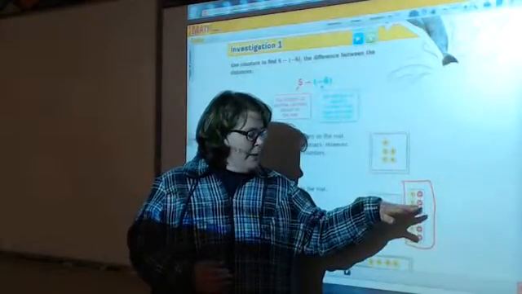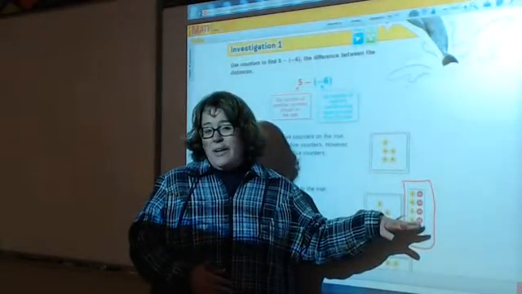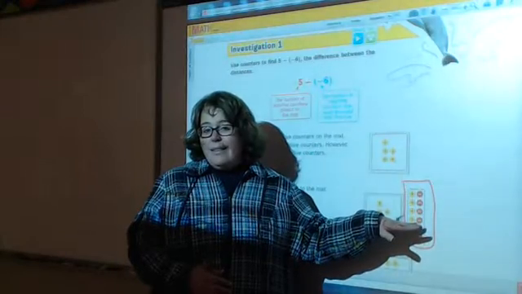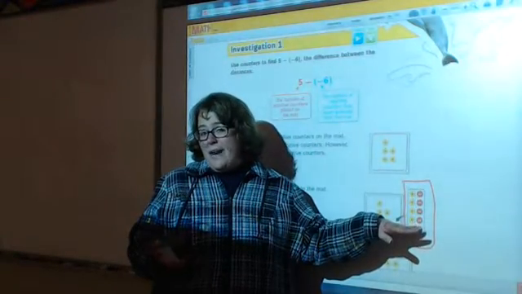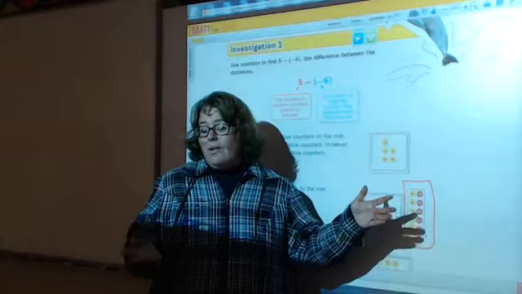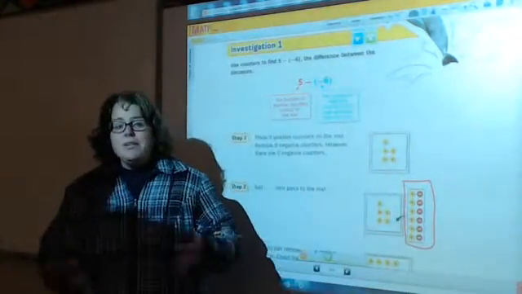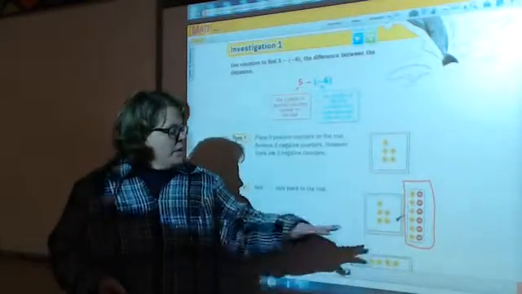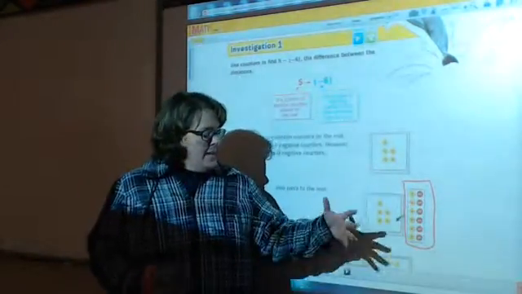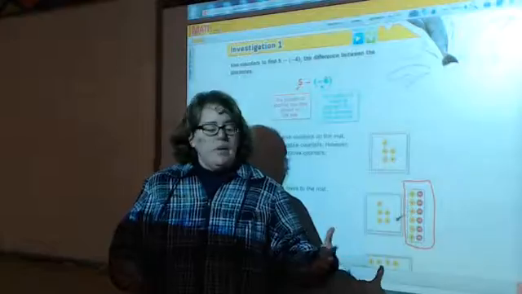Each one of these is a 0 pair. Like we learned in the last section, each 0 pair, the additive inverse property, equals 0. The opposites equal 0, so you're not changing the value at all. That makes it mathematically legal.